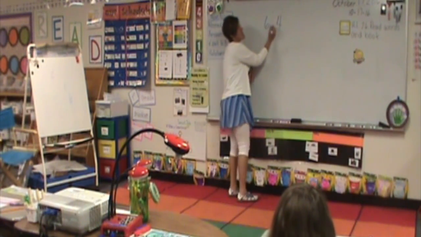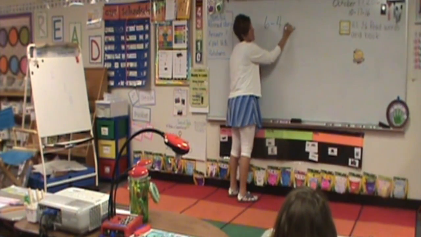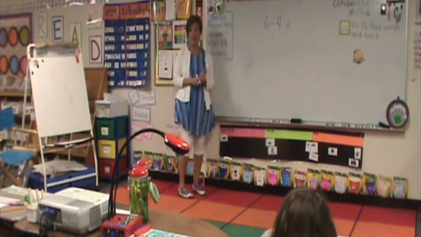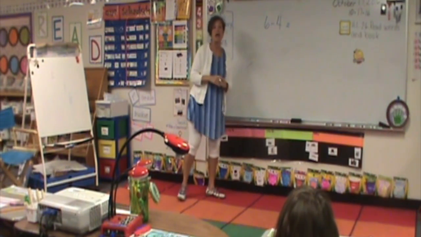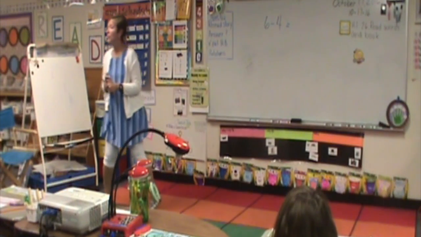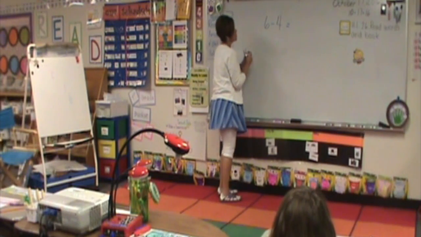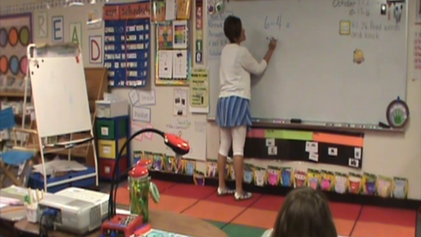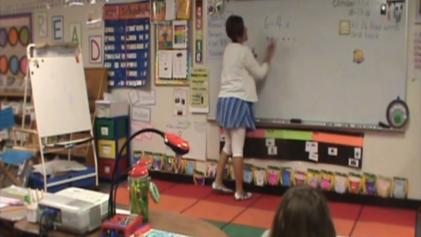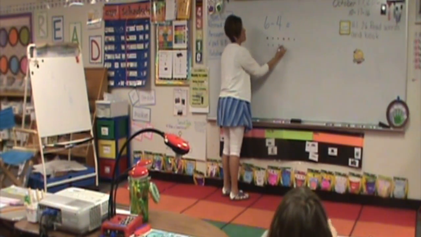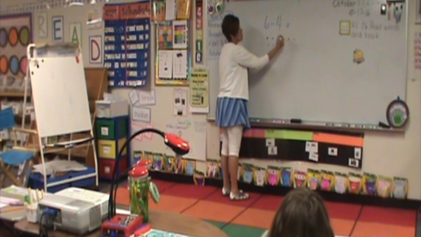So I have 6 minus 4 equals blank. And hopefully the strategy you used was how many red cars were there? Do you remember? 6. So I'm going to draw 6 red dots. How many blue cars were there? 4.